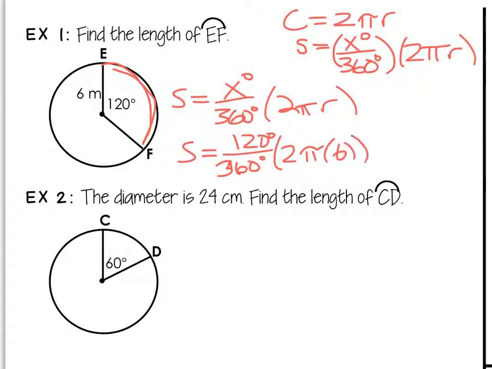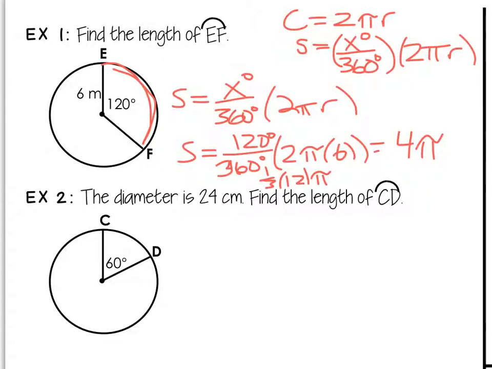And you can simplify this. We're going to leave stuff in terms of pi. So we're going to leave the pi alone. So 120 over 360 would be 1/3 times 2 times 6 is 12 pi. So my final answer will be 4 pi. Once again, we're going to leave pi's. Don't replace it with the decimal.